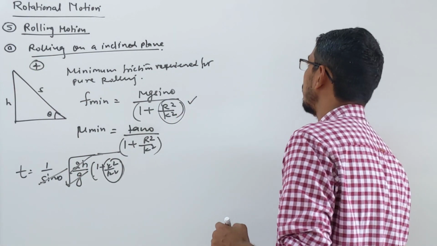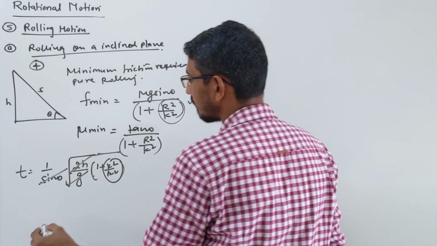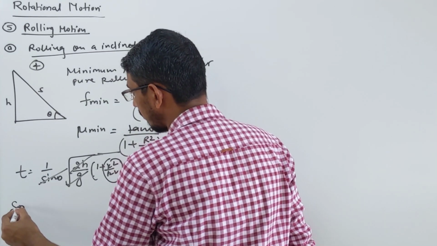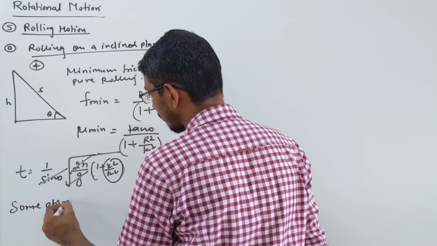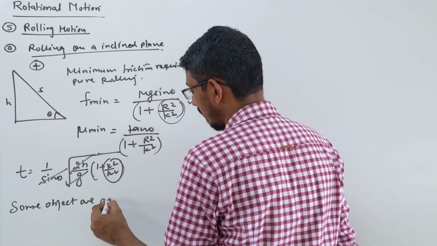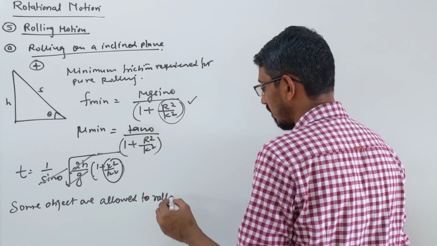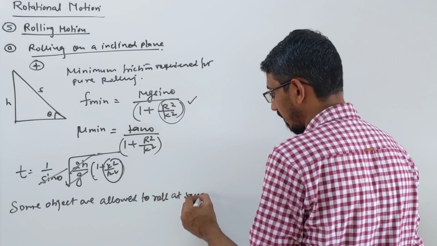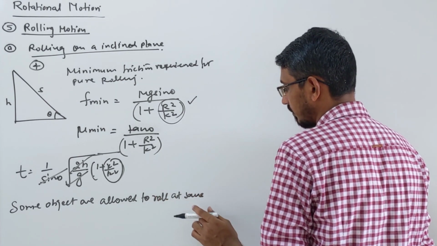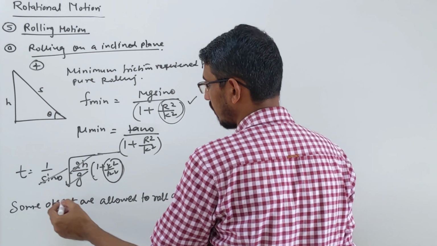This is a very important question, so I am writing it carefully once more. Some objects of the same mass and radius are allowed to roll at the same time.